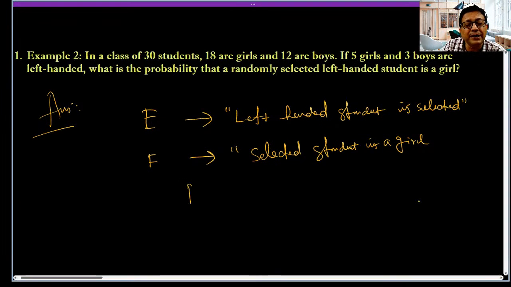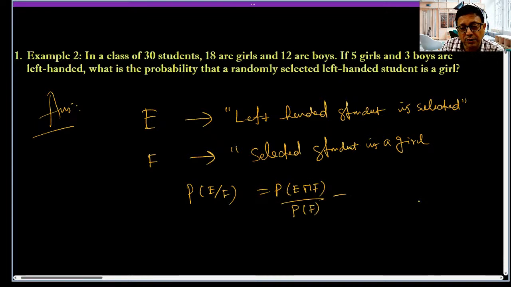So we are going to find P(E|F), which is nothing but P(E∩F) by P(F). Got it? P(E∩F) means she is left-handed and she is a girl student.